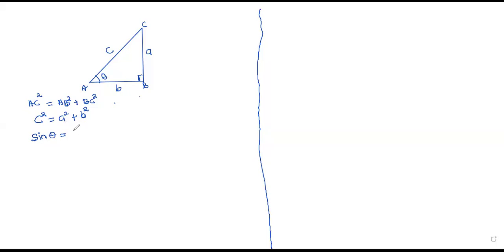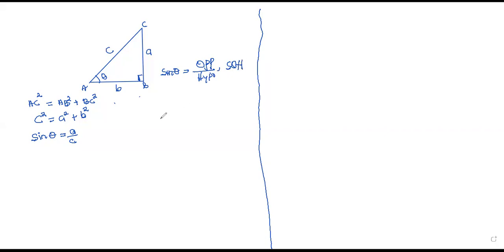I have represented the sides with letters, and the opposite is A. So it is A over C. Please, sine is opposite over hypotenuse.